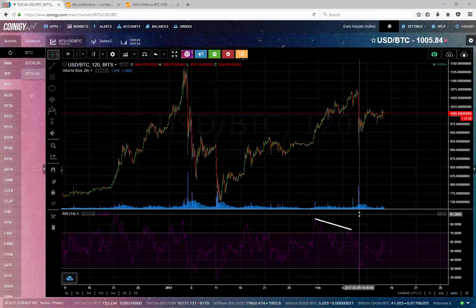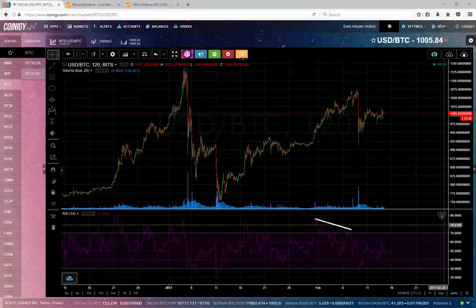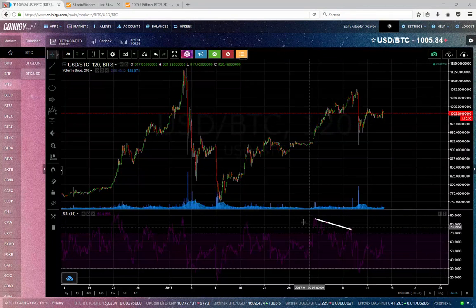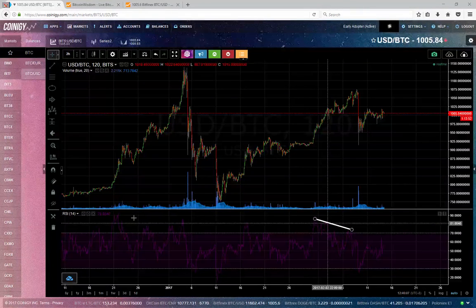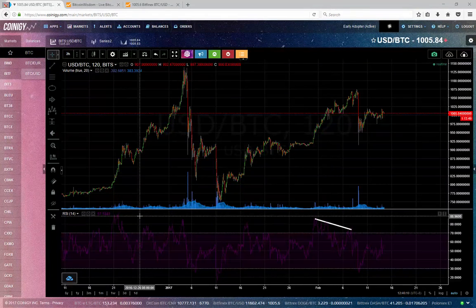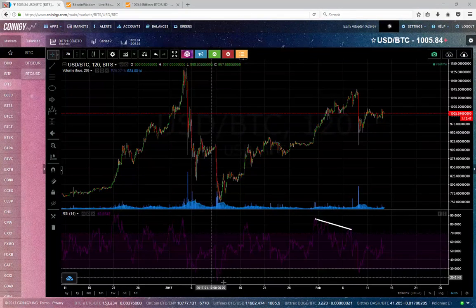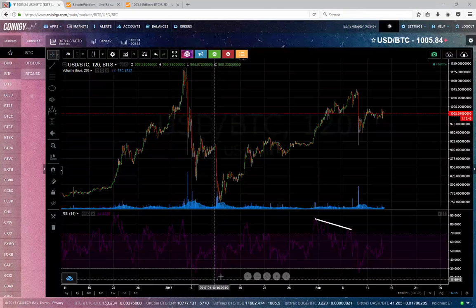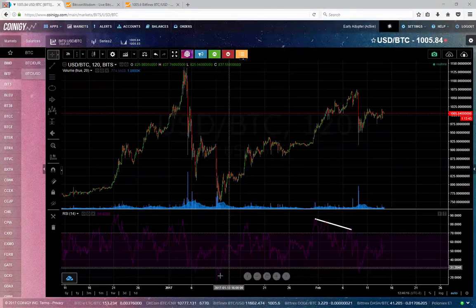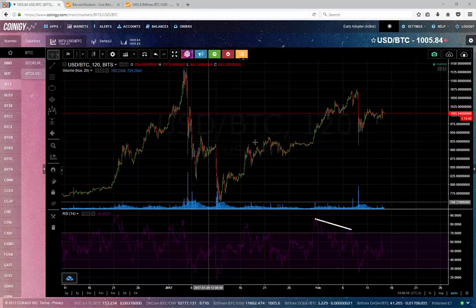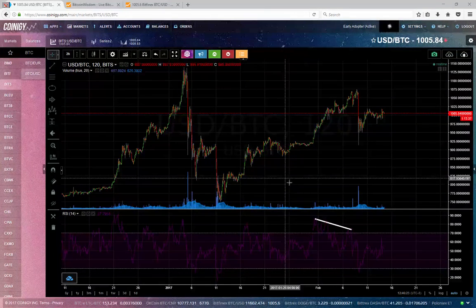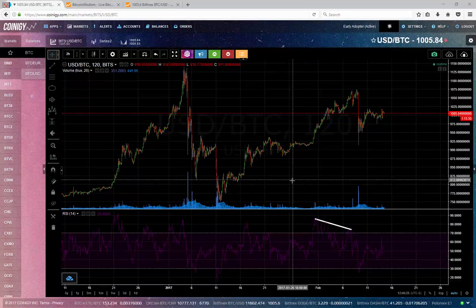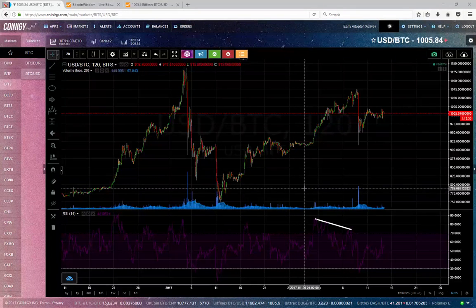And anything above, let's say 70 or 80, you can see when things are overbought, right? When things are getting a little bit too bullish. So as we can see here, the market was extremely oversold, lower than any other point, and then it bounced up.